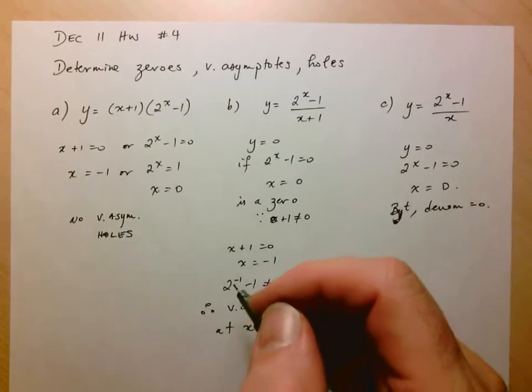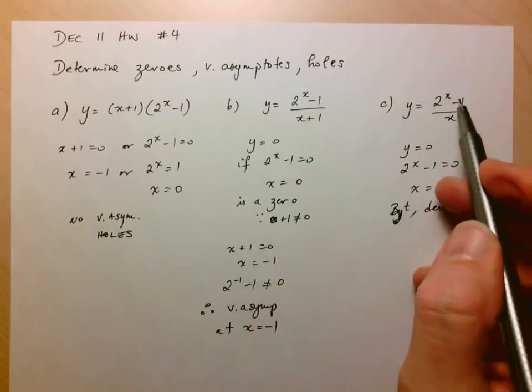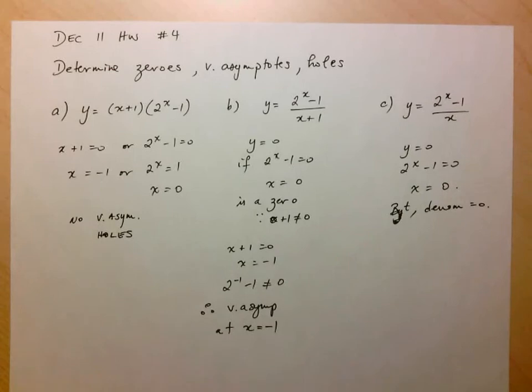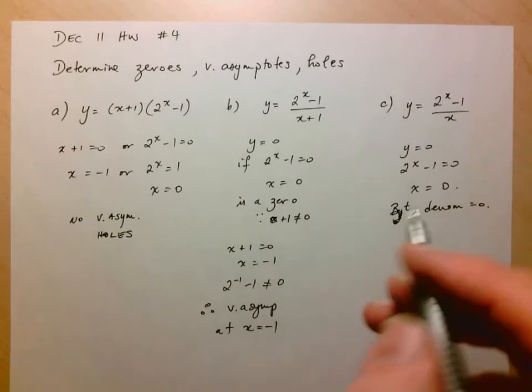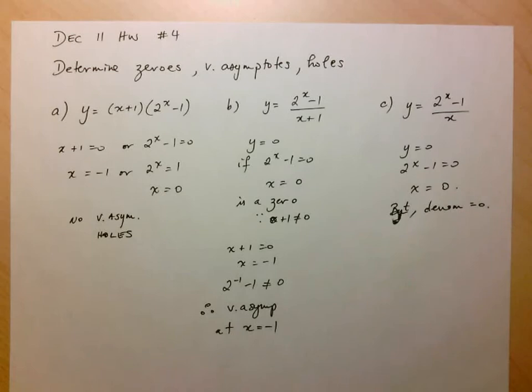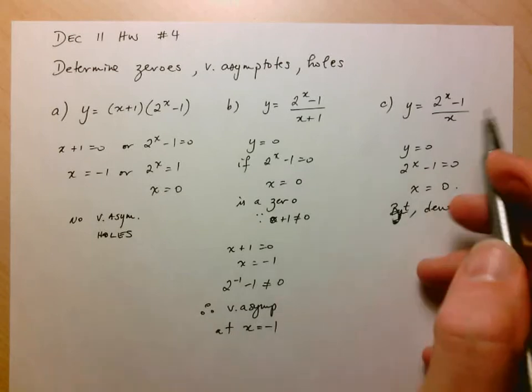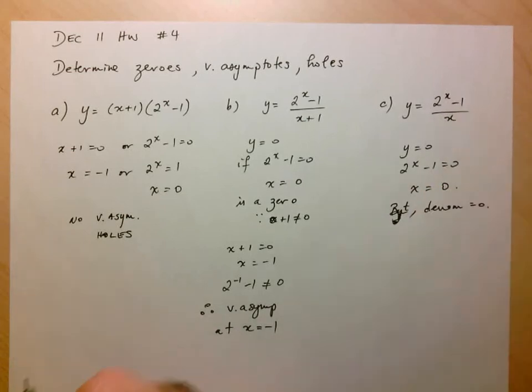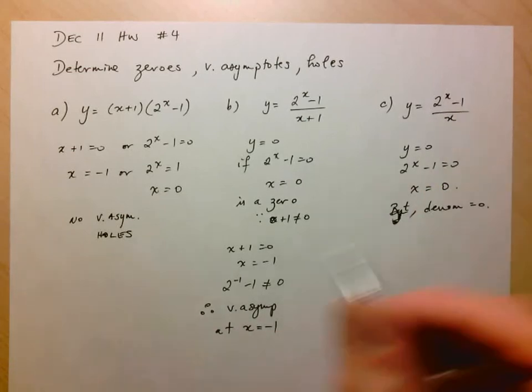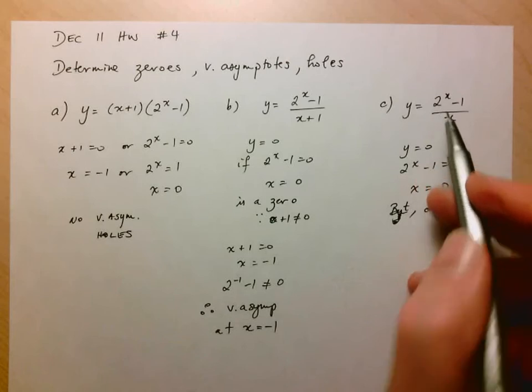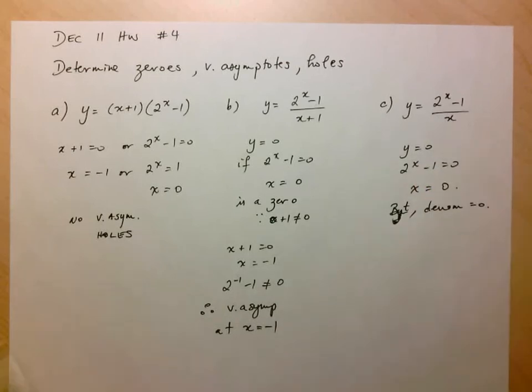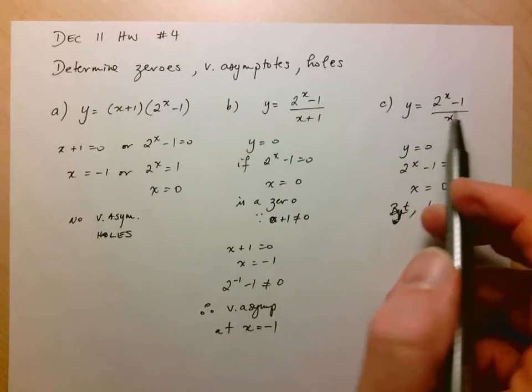When we have the scenario 0 over 0, we're not quite sure what's going to happen. It might be a vertical asymptote, but it could also be a hole. The problem is there's no algebra we can do. When we had a rational function, there was some algebra we could try to reduce that factor that gives me 0 in the denominator, but there's no real algebra we can do here.